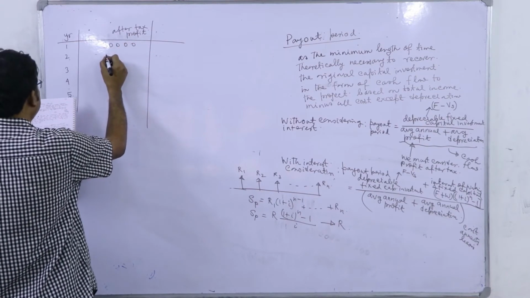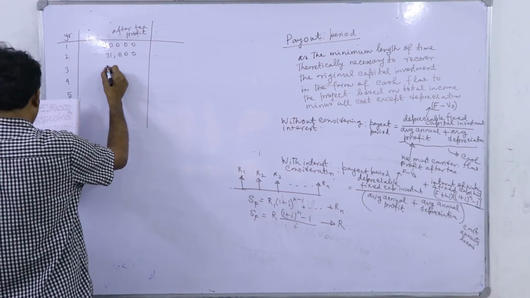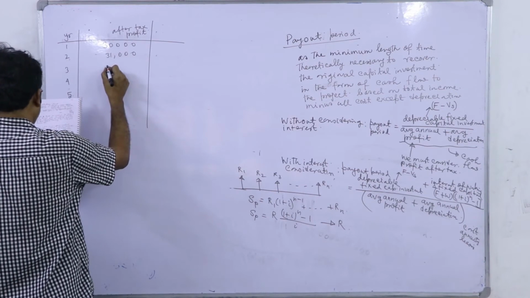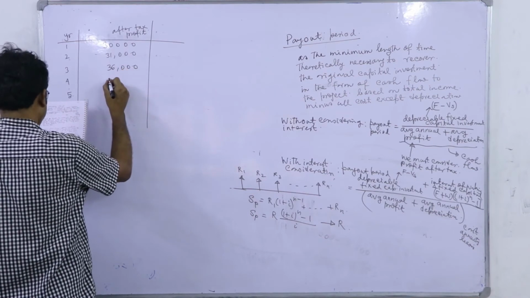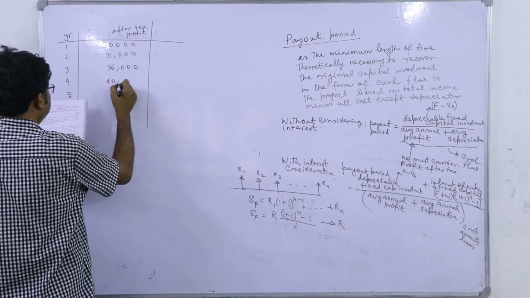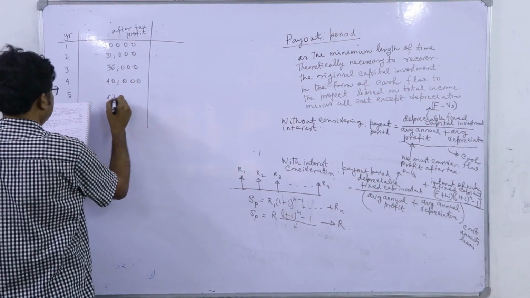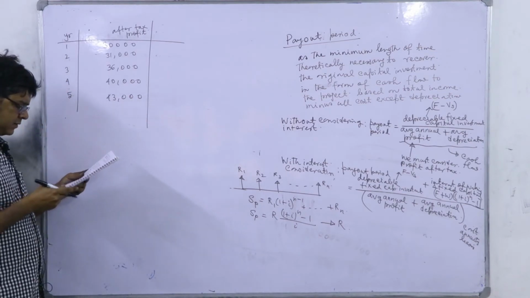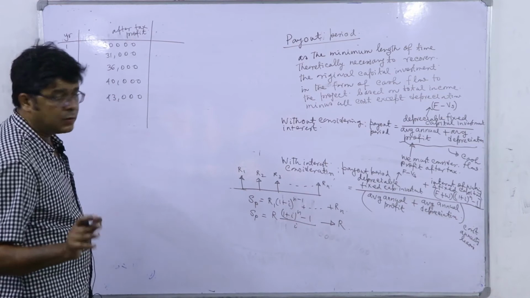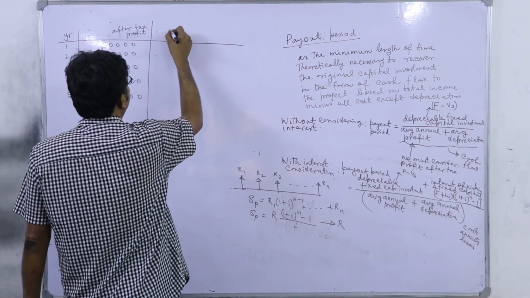Then this 31,000. Then here 36,000. Fourth year it is 40,000 and fifth year it is 43,000. And here it is stated that we do not have to consider the interest. So, as we do not have to consider the interest, we will simply calculate the annual profit.